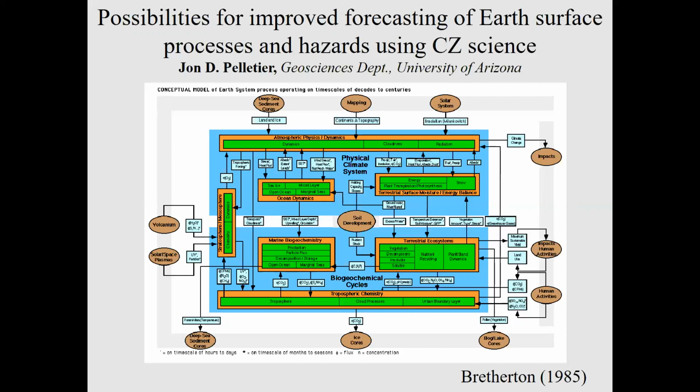The main point here is that it's surprising to learn, as I did a few years ago, that Earth system models, which are not the only framework for forecasting the Earth, but they're the primary framework by which we do that forecasting, assume a globally uniform depth to bedrock everywhere on the Earth, irrespective of geology or climate or topography.